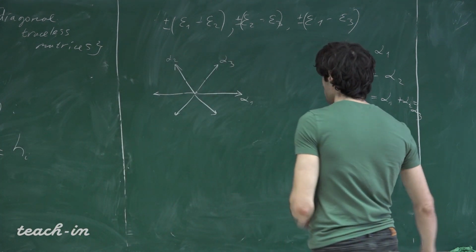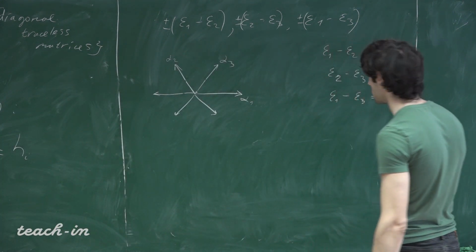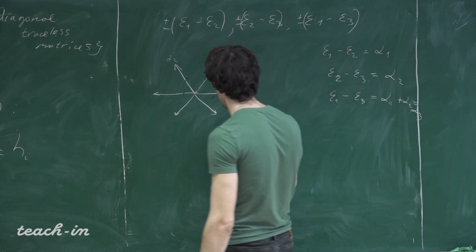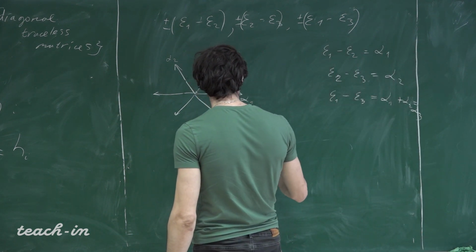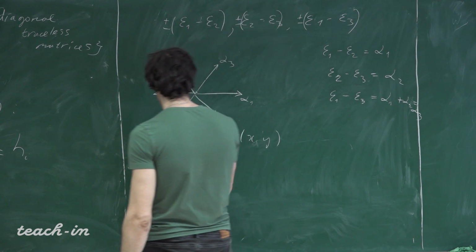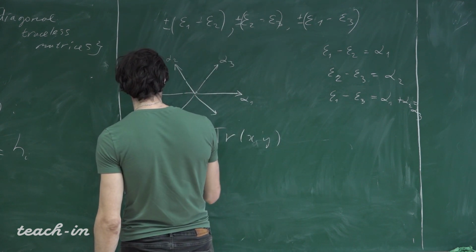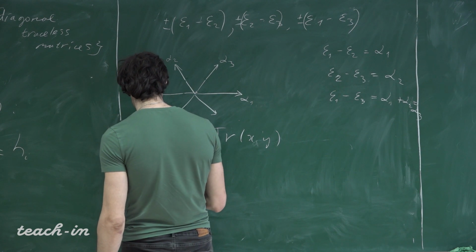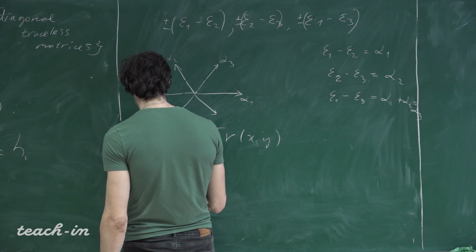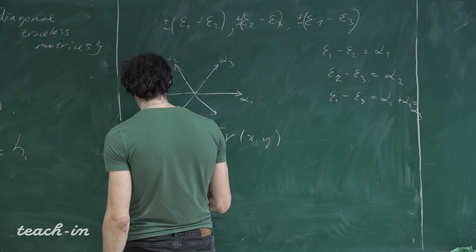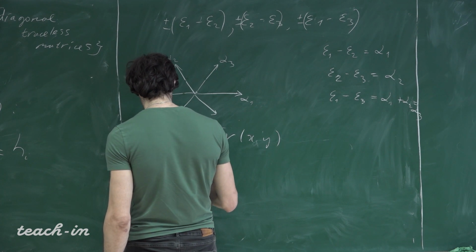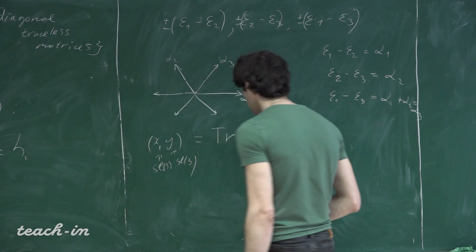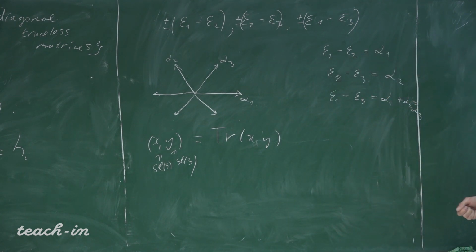For angles, we can do the following. We can take the trace form, x, y, where x and y are in SL3, right? Of course, we computed angles with the Killing form by default.